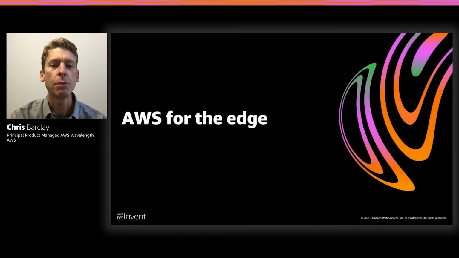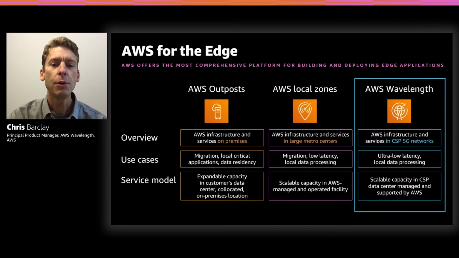Now that we've discussed some of the technology trends, let's discuss AWS offerings at the edge. AWS has dozens of regions that enable developers to build applications that provide low latency globally and a comprehensive set of solutions for building edge applications. Outposts, local zones, and Wavelength all bring AWS services to more places with the same experience and benefits that developers are used to.